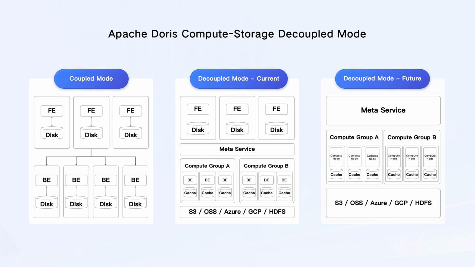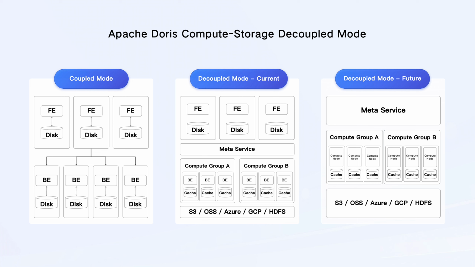But why does this matter? As Doris scales up and the number of tablets grows, FE starts to hit memory limits. On top of that, when handling high-throughput real-time ingestion, FE can easily become a bottleneck. That's because in the traditional coupled setup, FE handles all write transactions using a two-phase commit process.